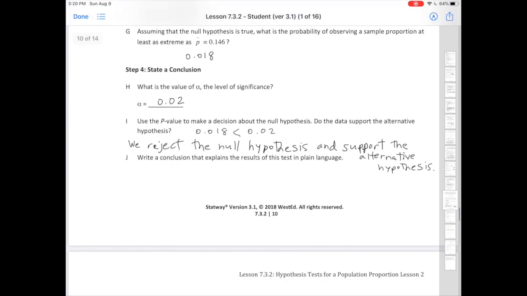So let's go ahead and write this. At a 2% significance level, let's always write our conclusions starting with the significance level.